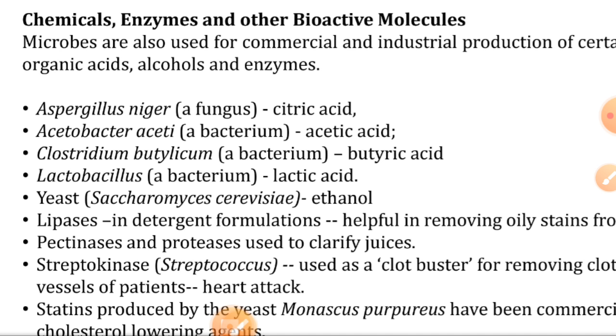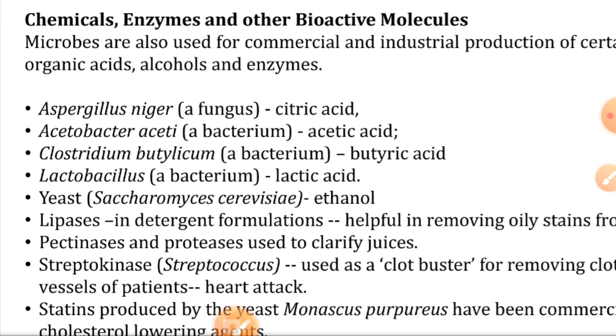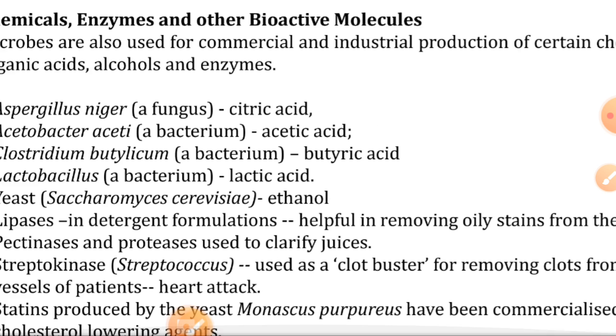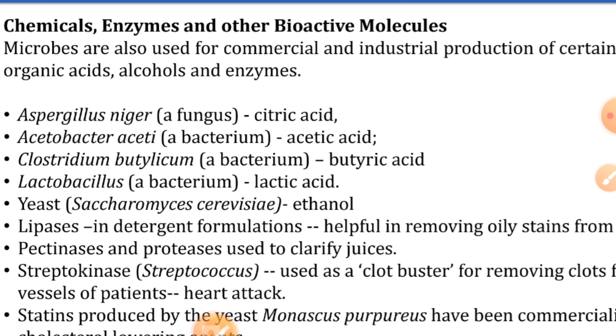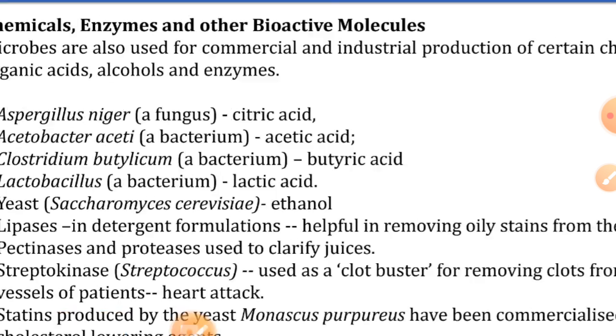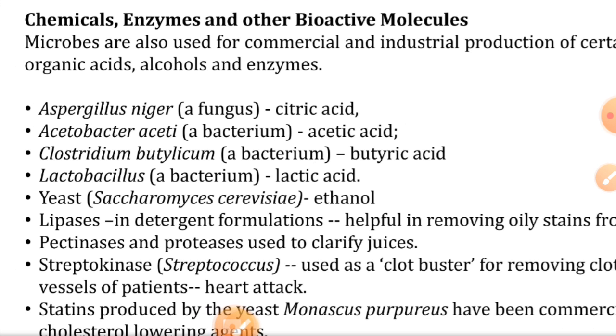As well as, the streptokinase enzyme is obtained with the help of Streptococcus bacteria and acts like a clot buster, removing clots from the blood vessels of patients, because if there is any clot, the patient can suffer from a disease like a heart attack.